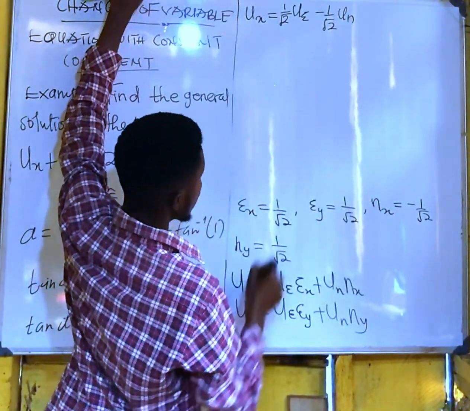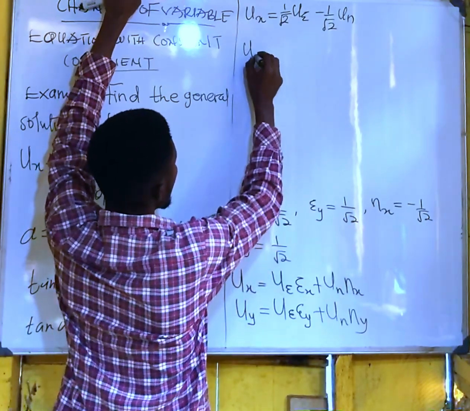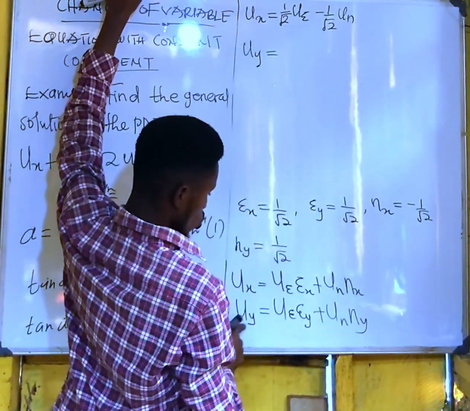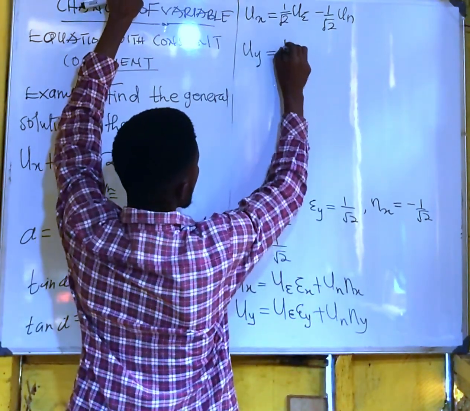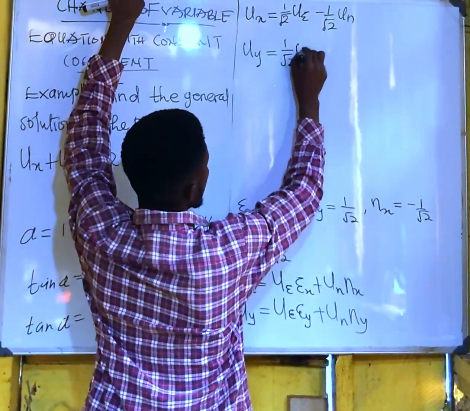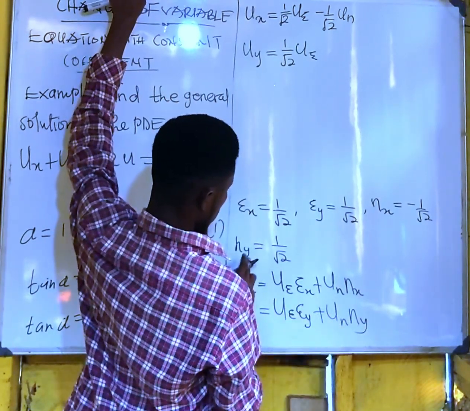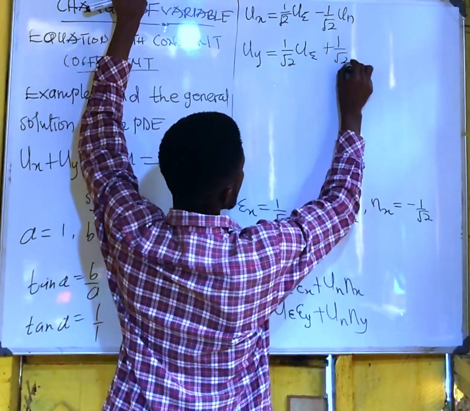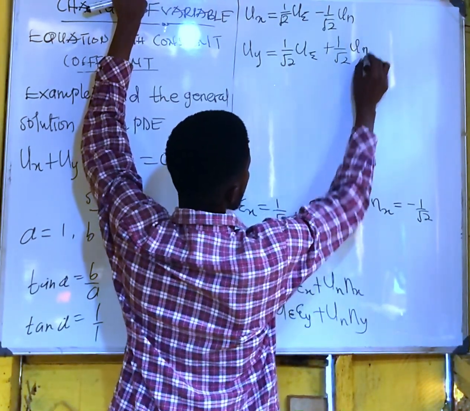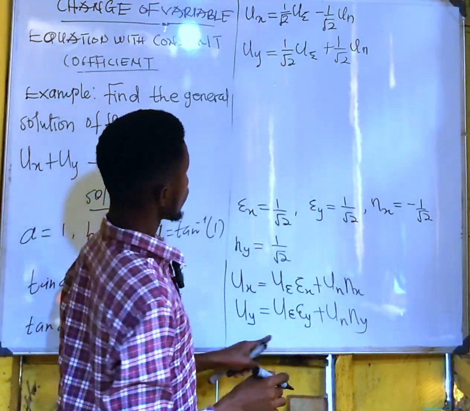Is that okay? Then you also move to u subscript y. For the u y, xi y is 1 over root 2, so I have 1 over root 2 u xi, and eta y is 1 over root 2, so plus 1 over root 2 u eta. So this is what you are going to get for this.